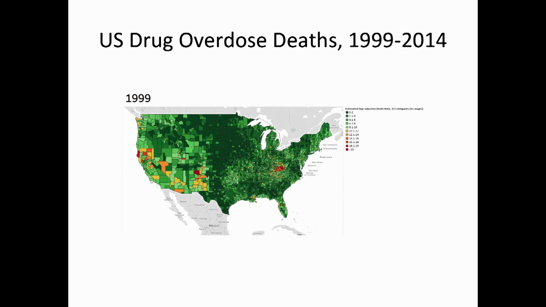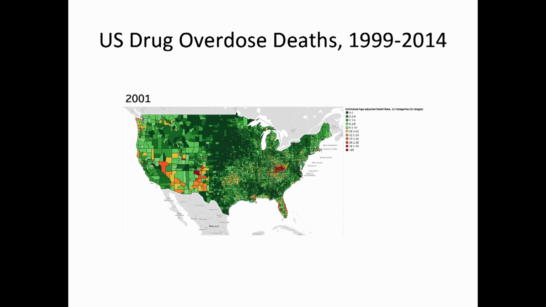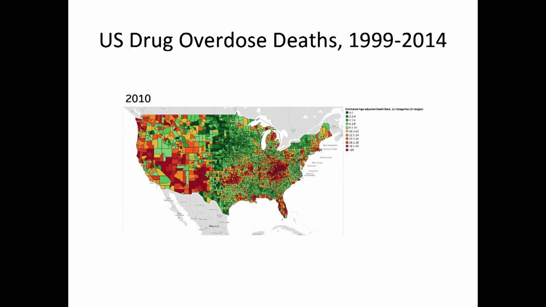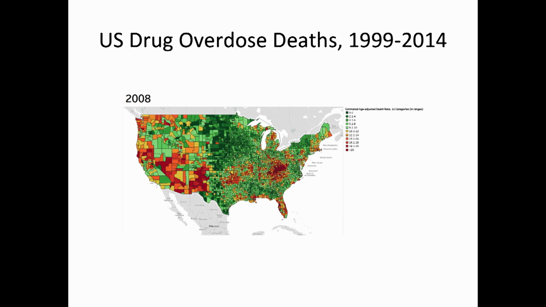These rates are out of 10,000, I believe, so you're going 0 to 2 out of 10,000, and as it's getting redder and redder, that's over 20 out of every 10,000 people. You can see this is across the whole United States. There's pretty much not an area that's immune to this opiate epidemic that we've been having.